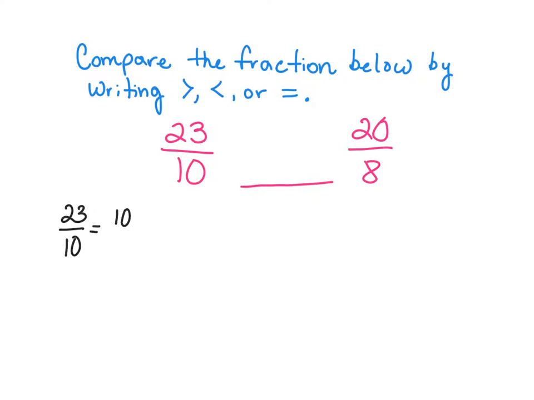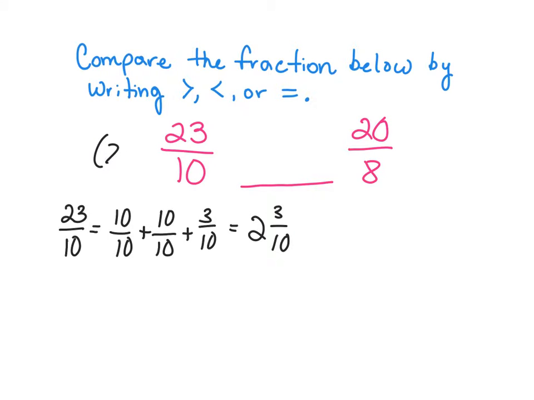So we've got one whole, that's 10, plus another whole, that would give us 20/10. We don't have enough to make another, so we're left with 3/10. So this is 2 wholes and 3/10. So 23/10 is really equal to 2 and 3/10.